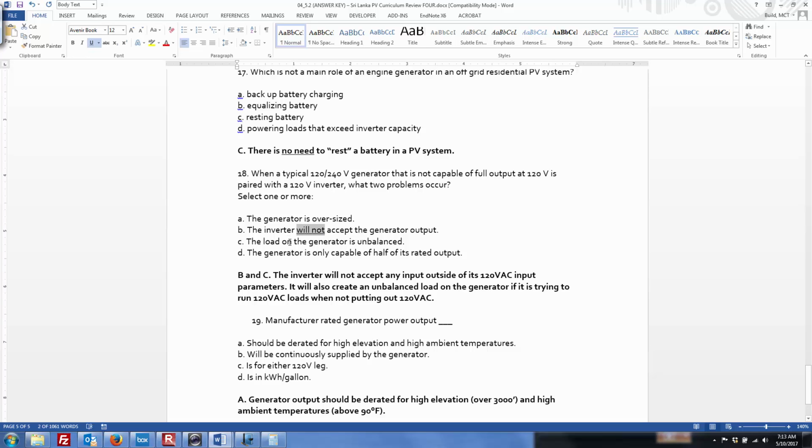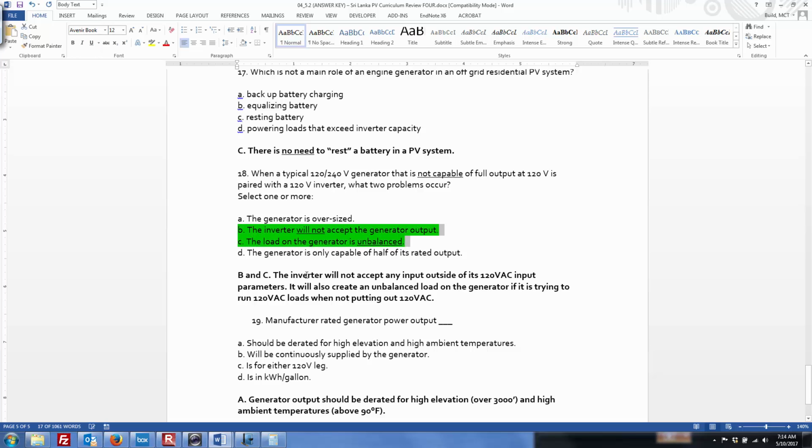The load on the generator is unbalanced. That's the key word here, because we're two different voltages. And the generator is only capable of half its rated output. Well, that's not the case. So, again, if the 120 is not capable of full output, this is what happens. B and C.